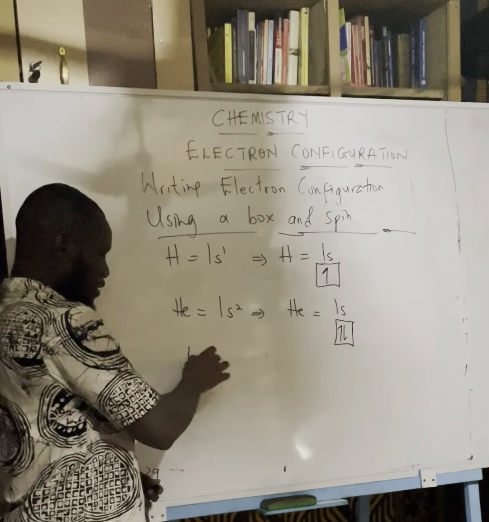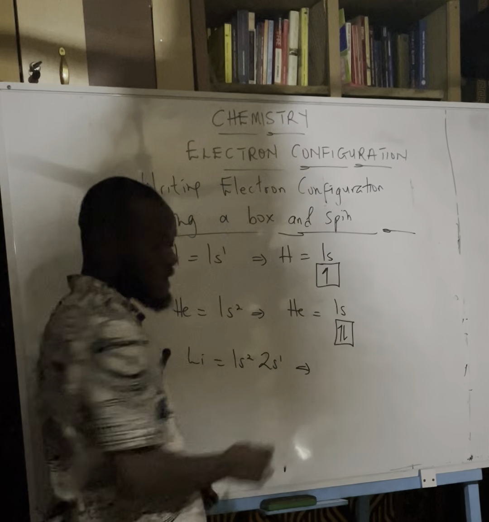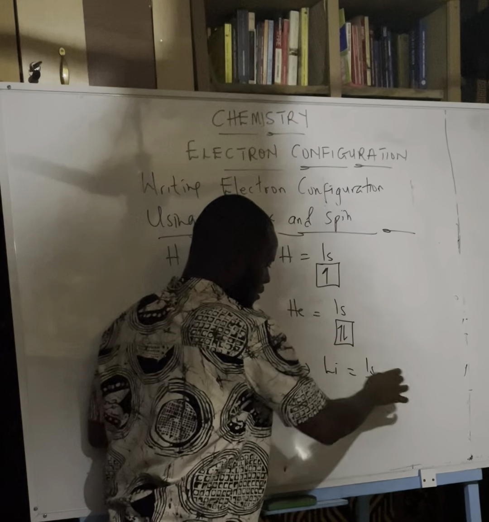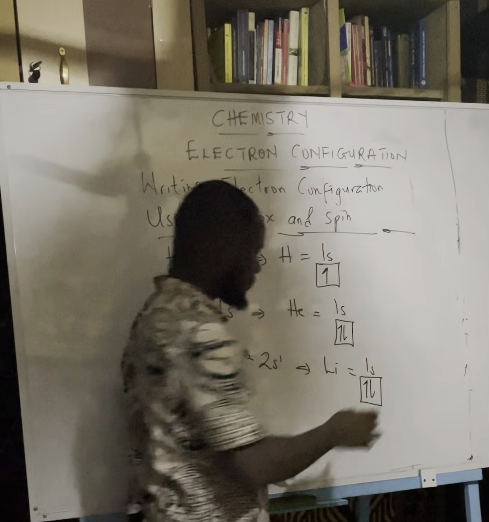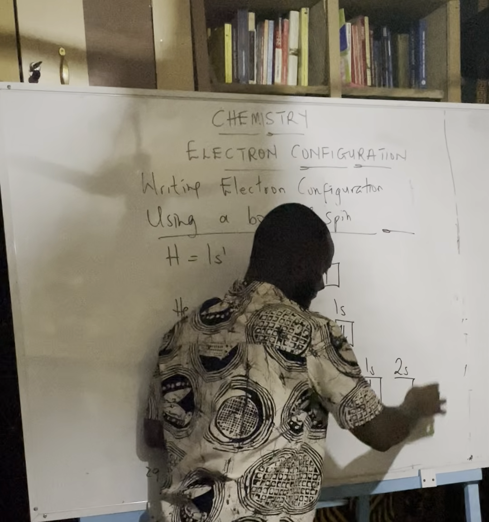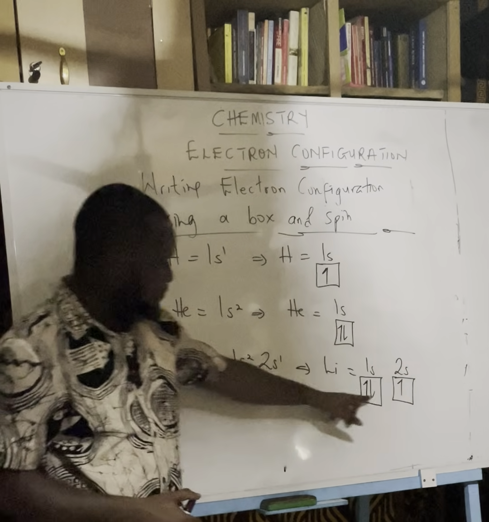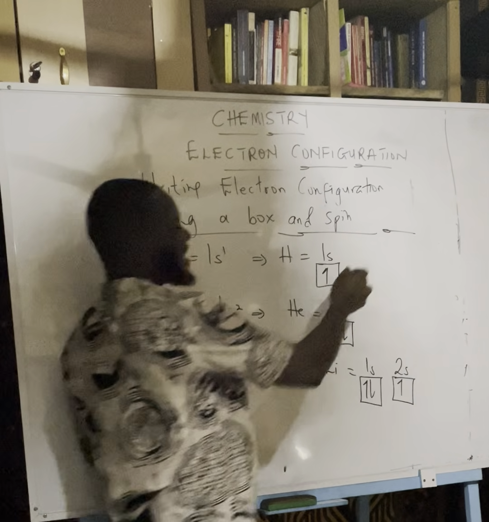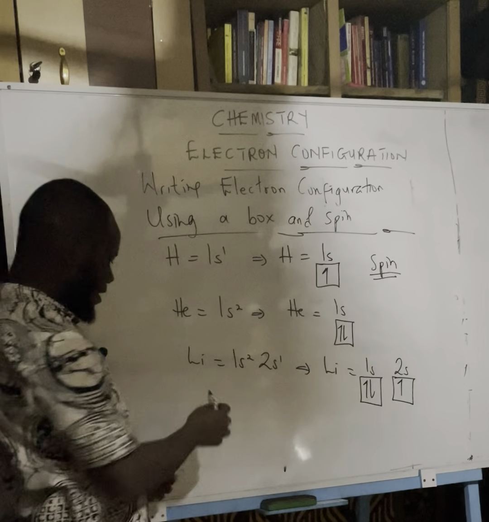Now, with lithium, which is 1s2, 2s1, with our spin, we're going to write lithium as 1s, one spin facing up, one spin facing down, 2s, one spin facing up. So each spin will represent an electron.